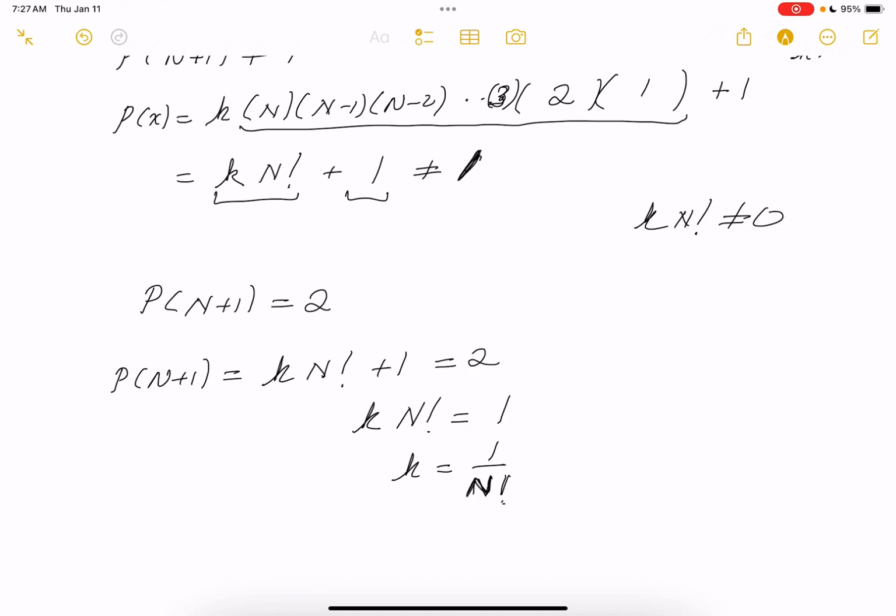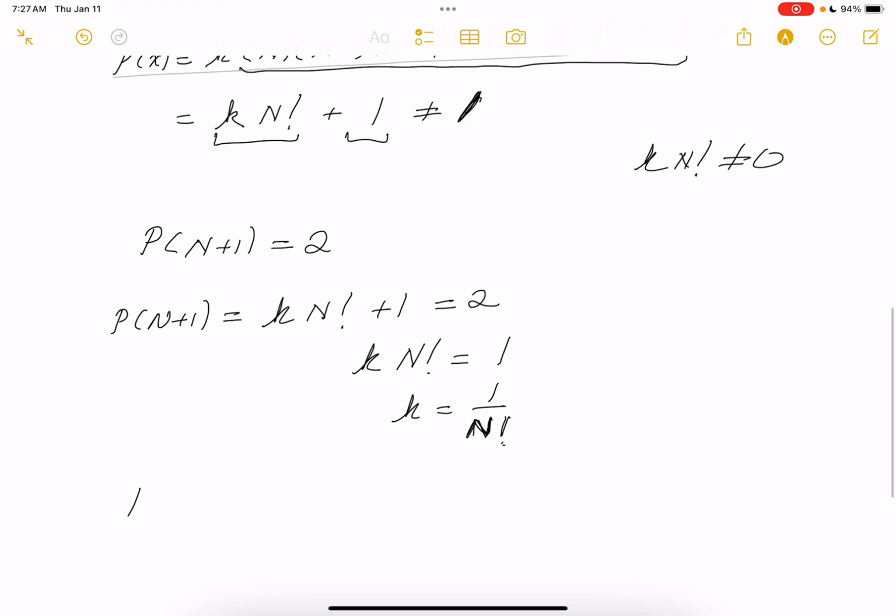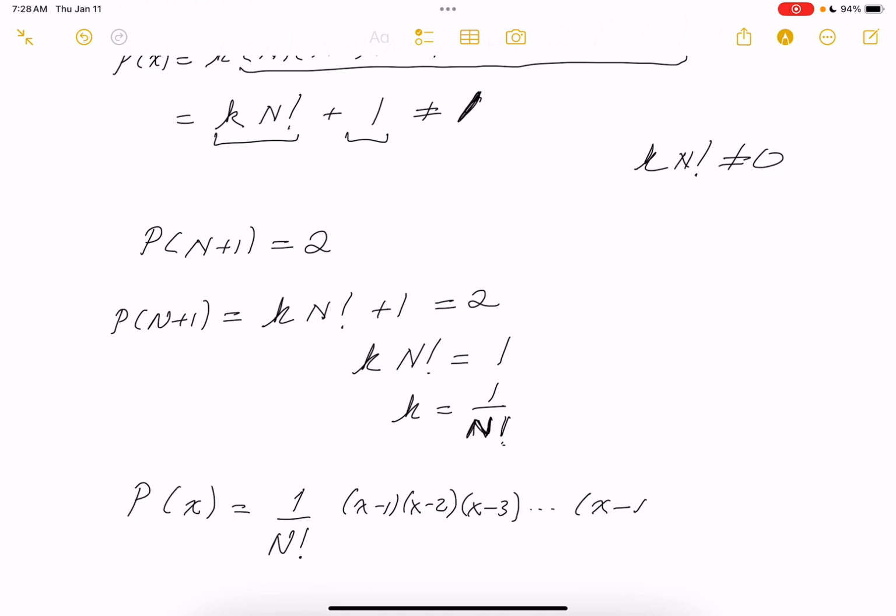All right? So I'm going to say if this is true, our polynomial, let's take a look at that. P of x would equal, the k now I know to be 1 over n factorial, and then you're going to get x minus 1, x minus 2, x minus 3, and then it goes on up to x minus big N, where N is some integer, like 1, 2, 3, 4, and then plus 1.